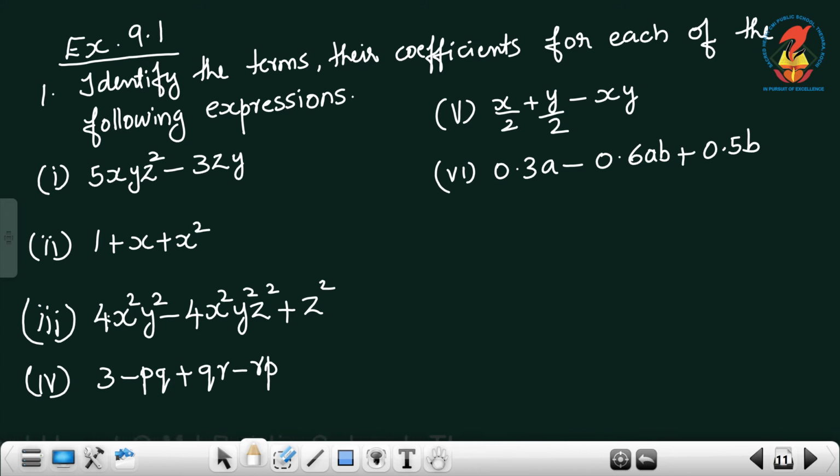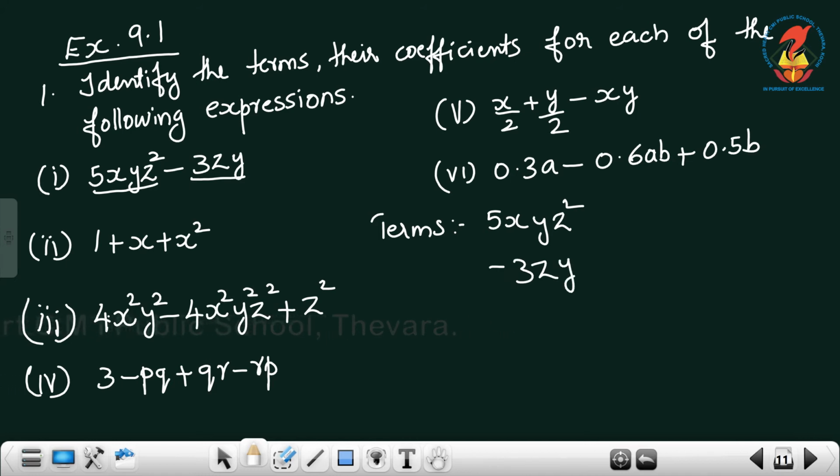Next, exercise 9.1. Identify the terms and the coefficients for each of the following expressions. First one, 5xyz square minus 3zy. Here two terms are there: 5xyz square and minus 3zy.